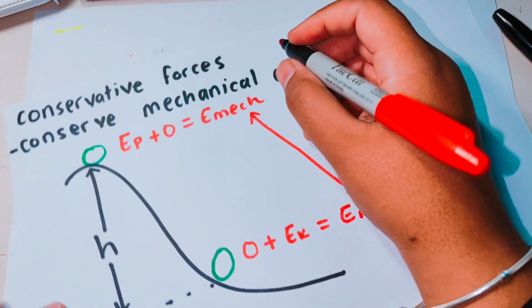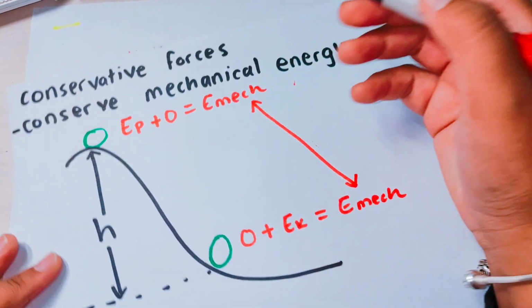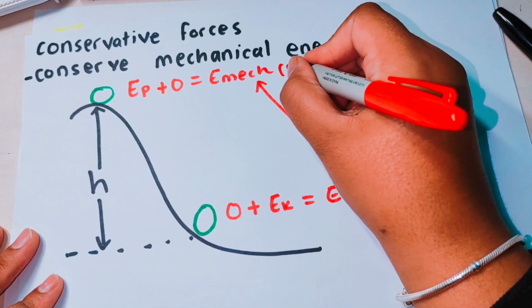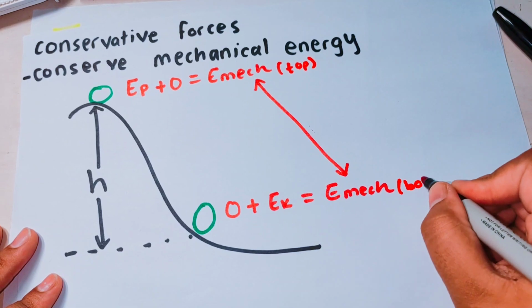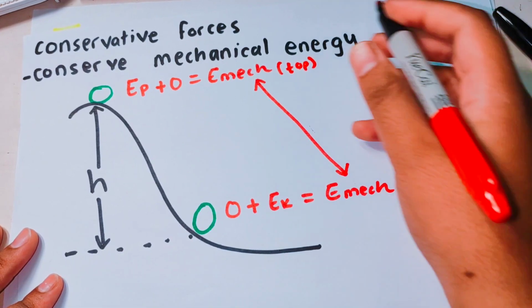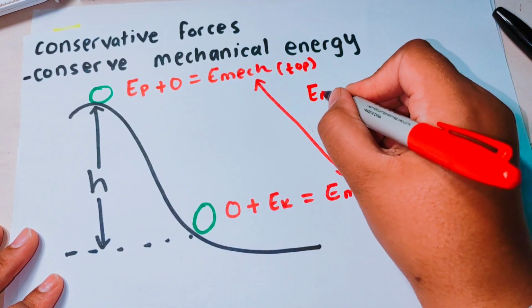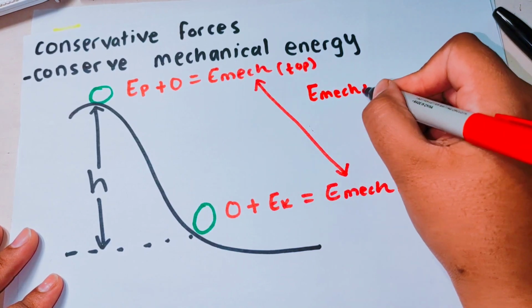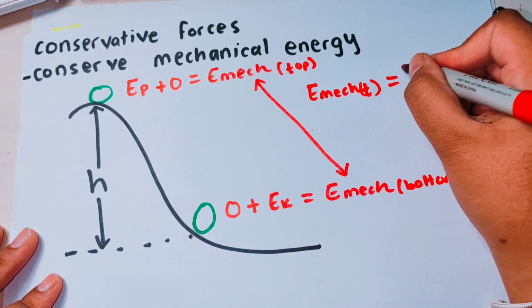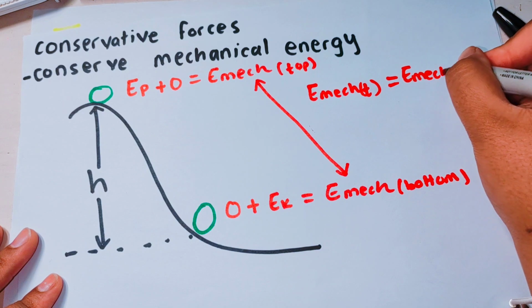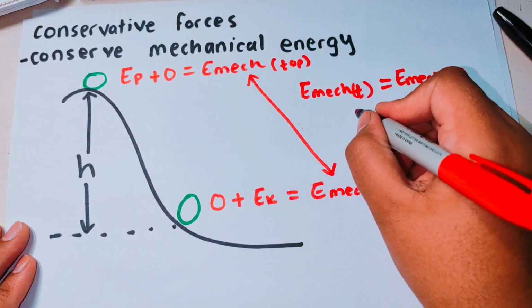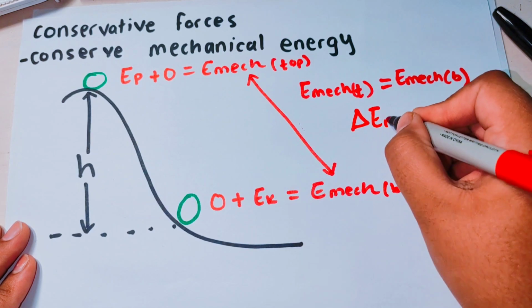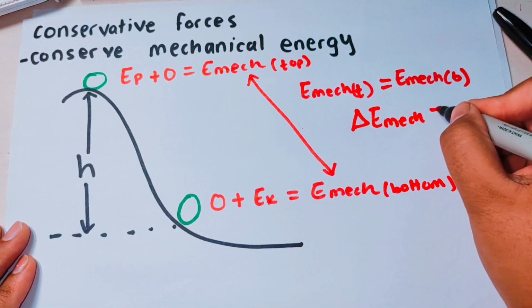And whenever we have mechanical energy remaining the same, we can make the mechanical energy at the top equal to the mechanical energy at the bottom. And so we can say that the mechanical energy at two different points is equal. And if mechanical energy at two different points are equal, it means that the change in E mech is zero.